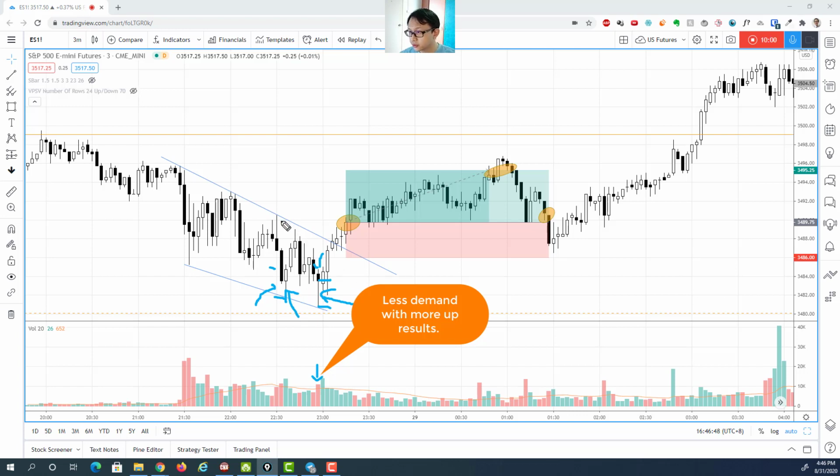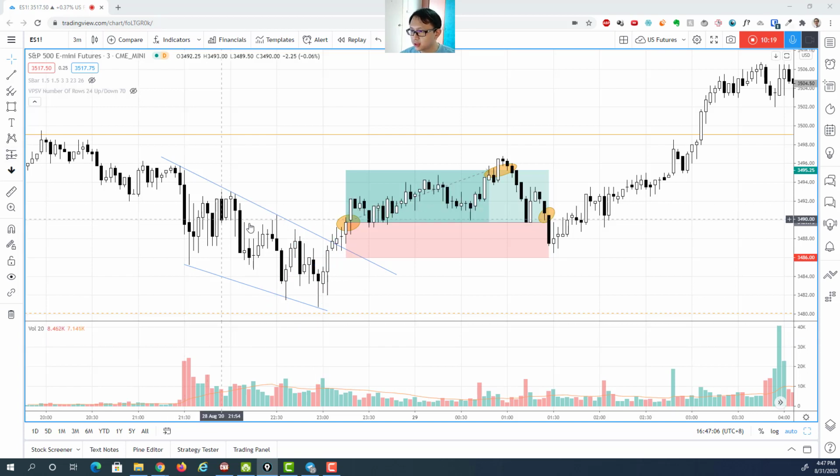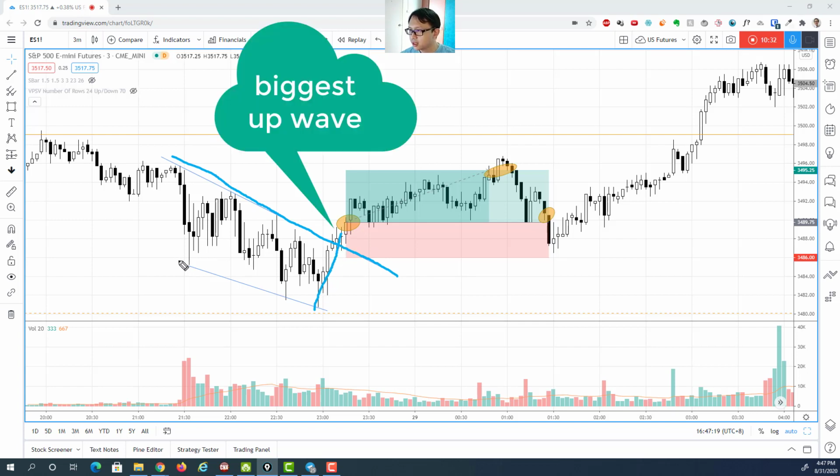So the rally that we anticipate will probably be better than the previous rally, which is this rally up here. This is just the deduction from the two hammer bars, and eventually the price action actually confirmed that, because this rally is breaking out from this descending wedge, and this is the best rally if we compare the rallies within the descending wedge.